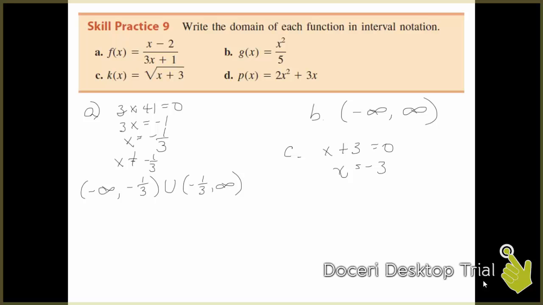So that means it's going to go from -3 to infinity. It can be 0, but it can't be negative. And D is a parabola, so it's going to be -infinity to +infinity. It's x squared.